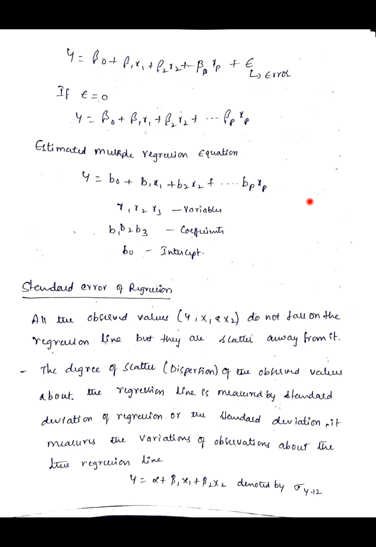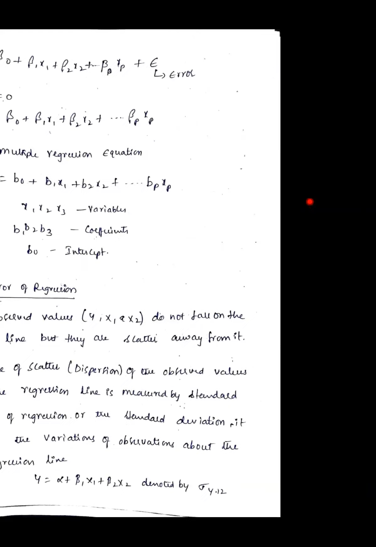The true regression line is y is equal to alpha plus beta 1 x1 plus beta 2 x2, and generally it is denoted by sigma y.12. That means y is the dependent variable, and 1.2 indicates x1 and x2, which are the independent variables.